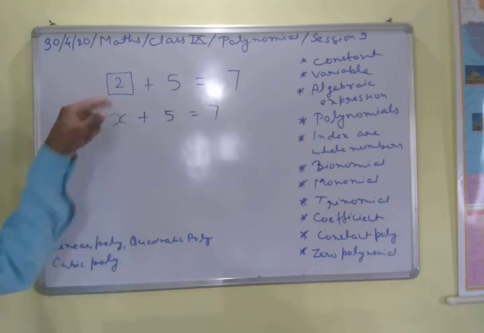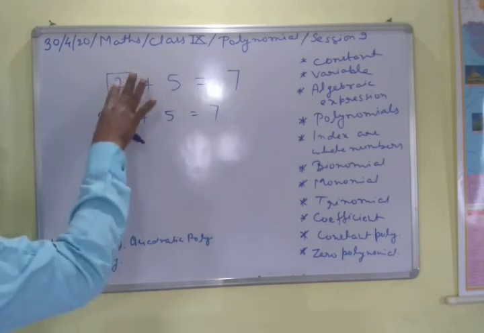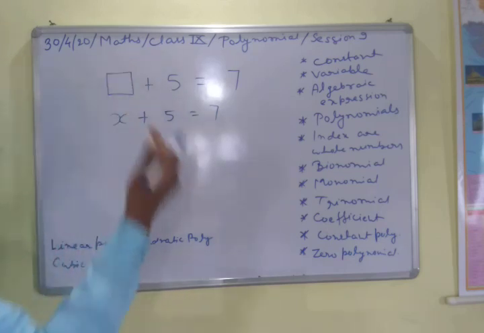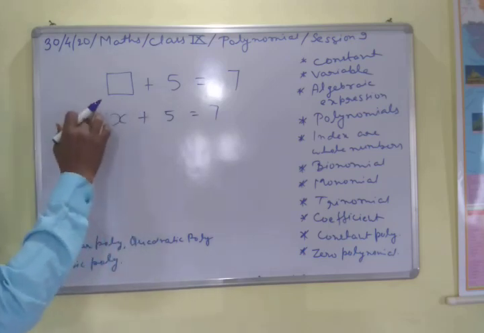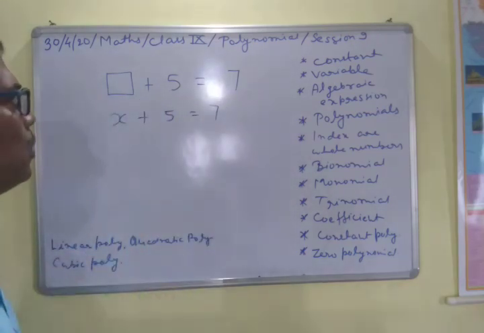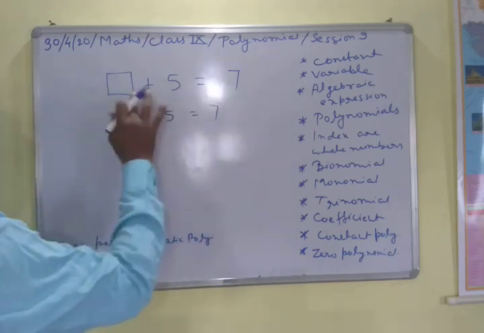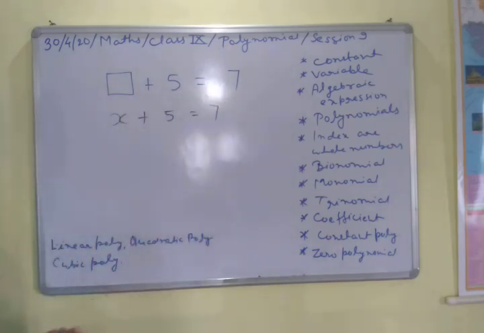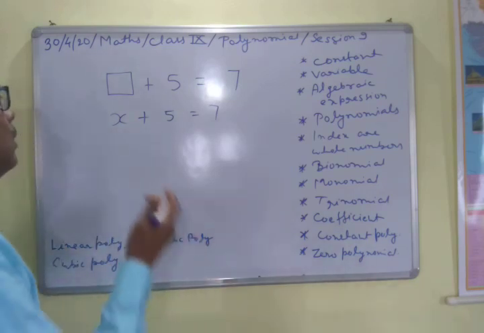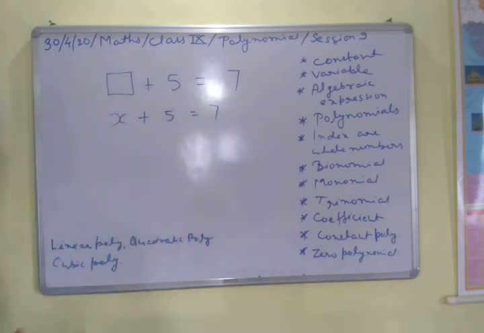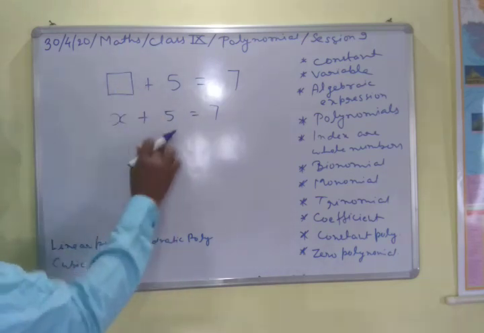When you were in class 1 or 2, the box was used to solve simple equations like this. That is also an equation. But now, when things become more complex, this box is not easy to use. So we replace this box by using x.